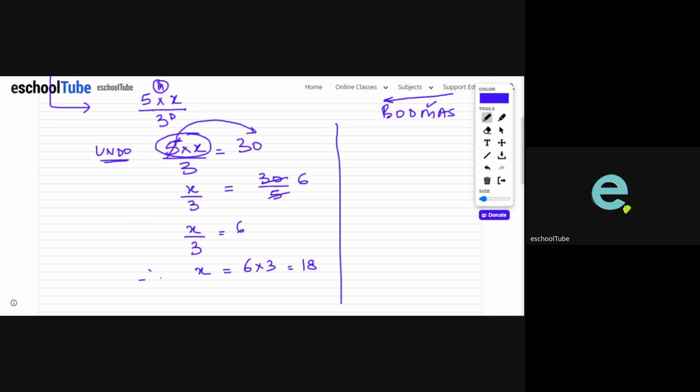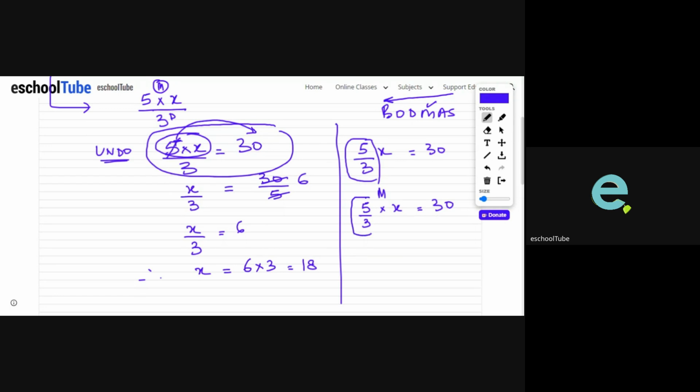Now if you see this originally, you have 5 upon 3, x is multiplied by a number and the number is 5 upon 3. So now you can think of only one operation, multiplication.